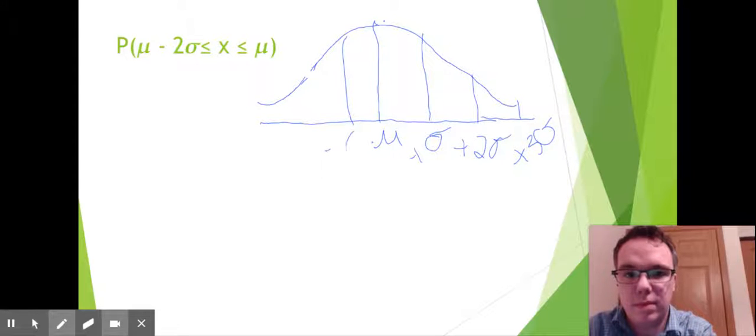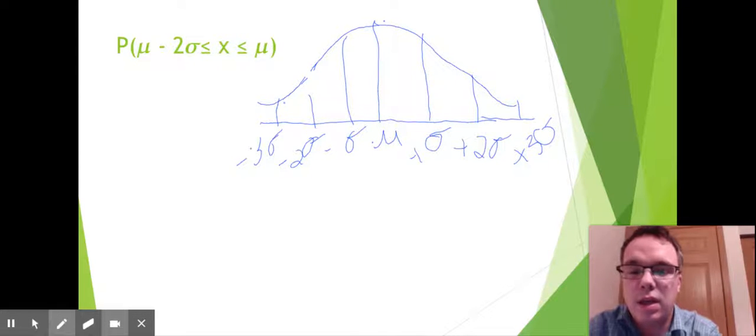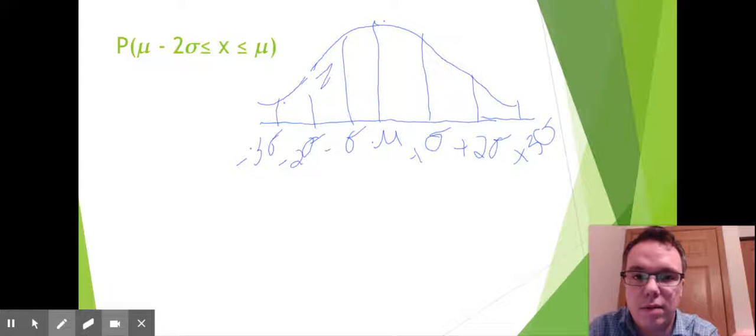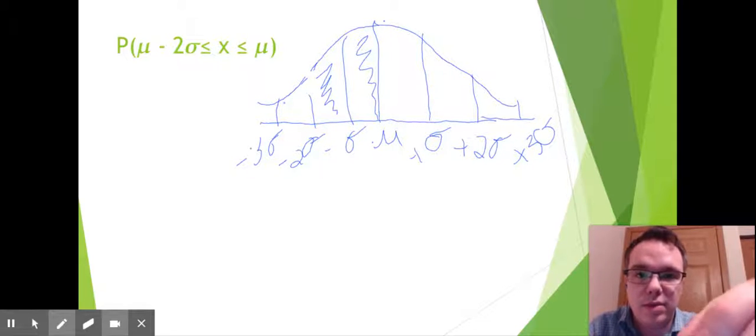This would be -1, -2, and -3 standard deviations. So we want to know what's the probability that you are bigger than -2 standard deviations, but less than the mean. So that means we're going to look at these 2 sections here.